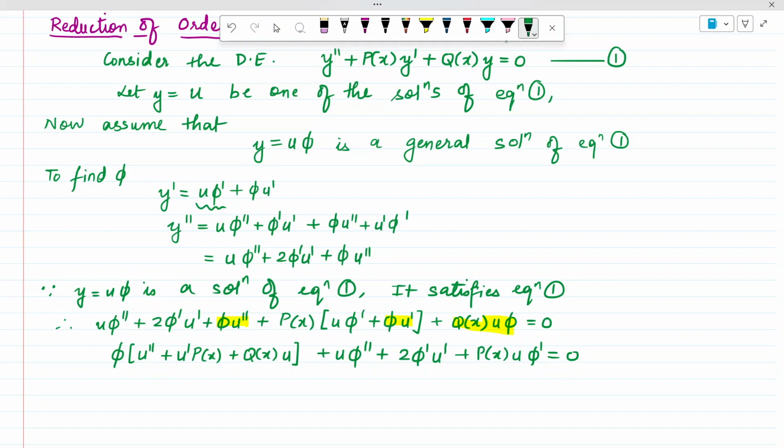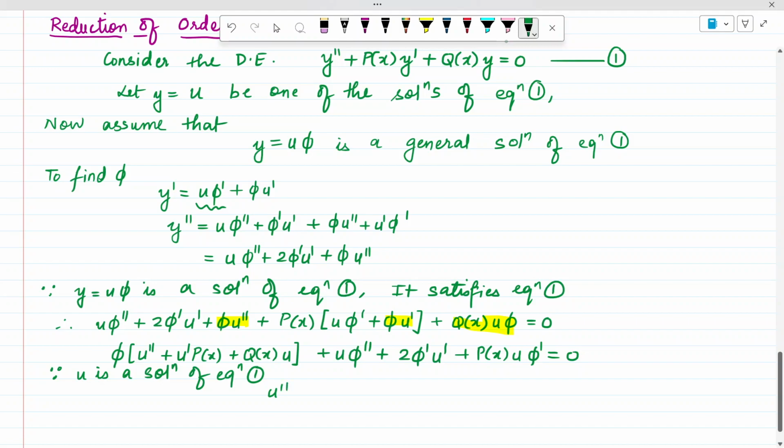What can you say about the 3 terms in the first bracket? Yes, students, it is equal to 0, because u is a solution. One of the solutions is known, so u is a solution of equation 1.